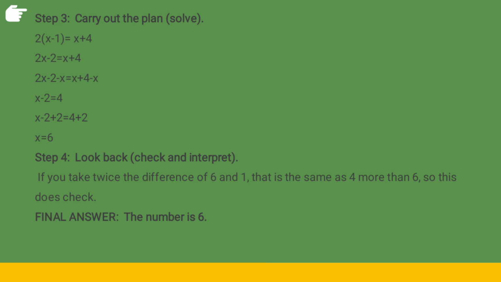And now for our fourth principle of Polya's problem-solving framework, if you take twice the difference of 6 and 1, that is the same as 4 more than 6. So this does check, and our final answer is 6.